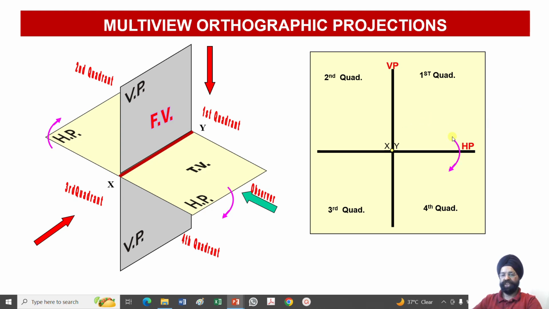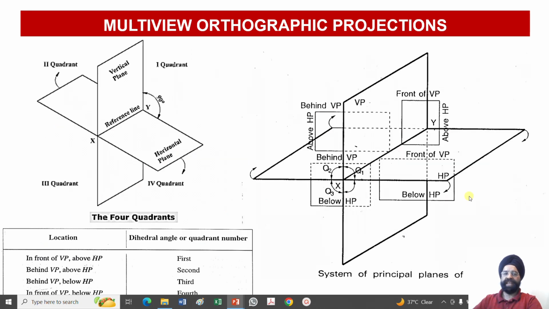Here again, HP will be rotated in first and fourth quadrants downwards, and HP will be rotated in second and third quadrants clockwise upwards. So this is once again four quadrants, which I have already explained. In the first quadrant, the object will lie above HP and in front of VP.